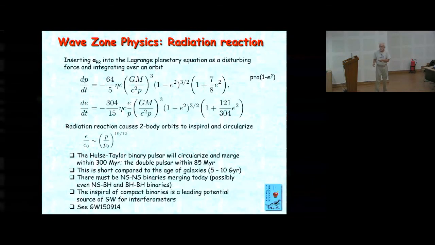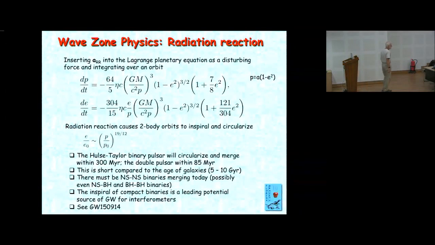These kinds of numbers helped build a science case for LIGO that there really could be merger sources at a rate that would be interesting for detection. So that's the argument. There must be neutron star binaries today, and of course possibly also mixed systems and black hole binaries.